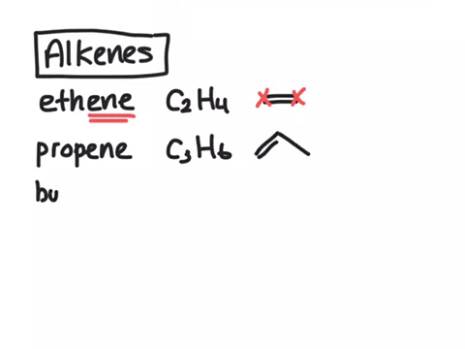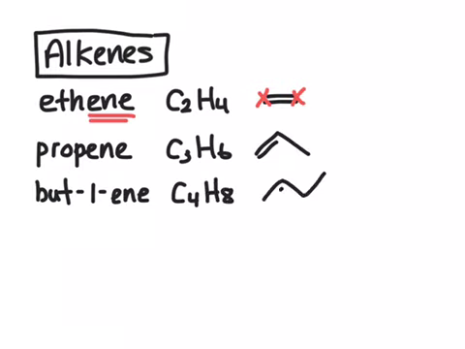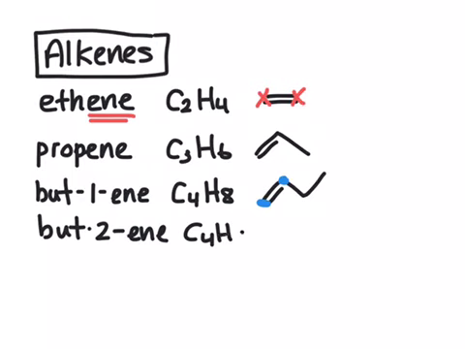After propene, we have to specify where the double bond is. And we'll talk more about this in our isomer video. So butane would look like this. But-1-ene looks like that. So that tells me that the double bond is between the first and second carbons in my chain. I could also draw but-2-ene, same chemical formula.